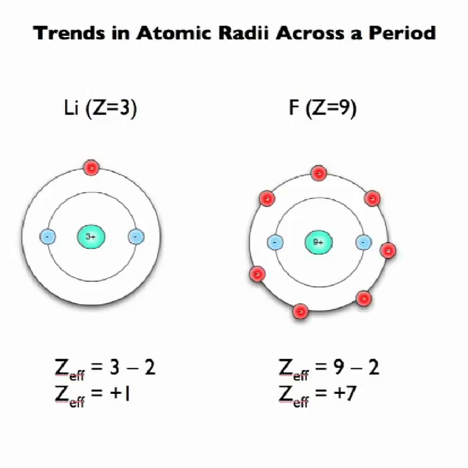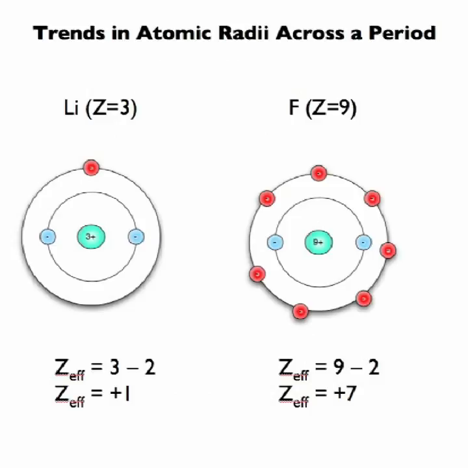Likewise, each single valence electron in the fluorine atom feels a +7 nuclear charge. Therefore, a stronger force of attraction is felt by the valence electrons in fluorine than they are in lithium. This stronger force of attraction causes the fluorine atom to be smaller than the lithium atom. So we can see that an increased effective nuclear charge, as we go from left to right in the periodic table, causes the atomic radii to decrease as we go from left to right in the periodic table.